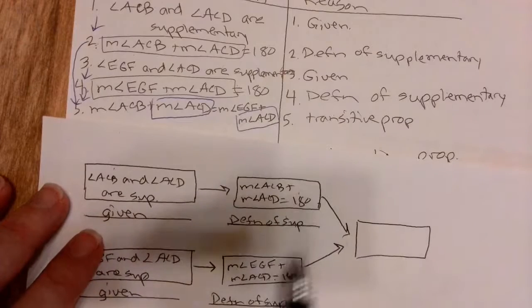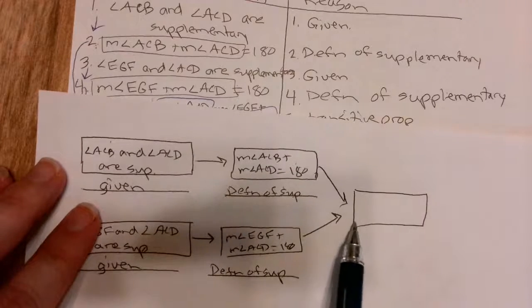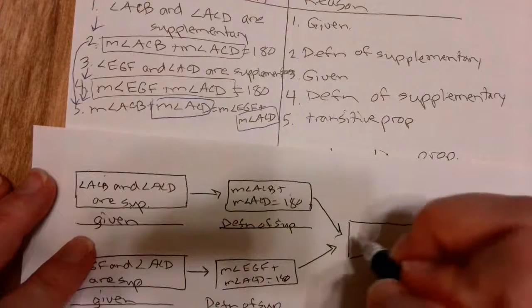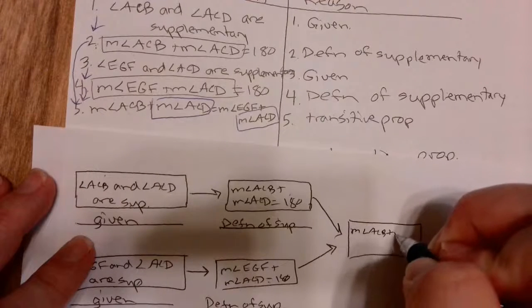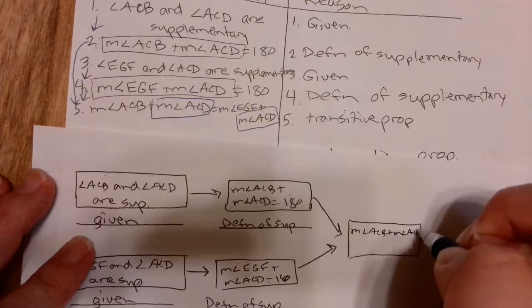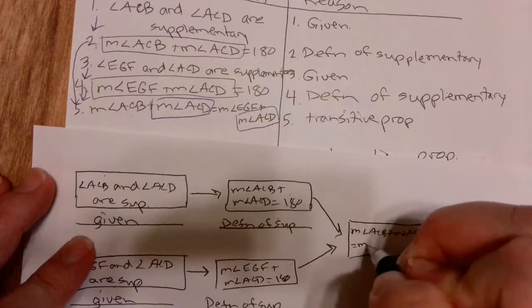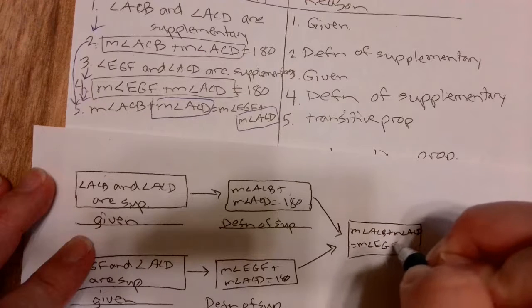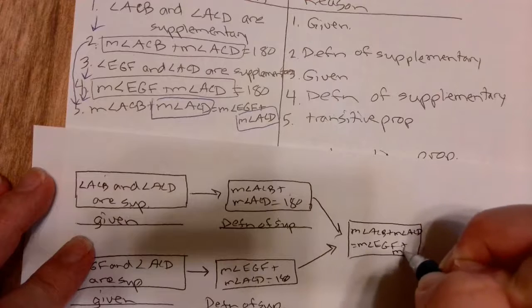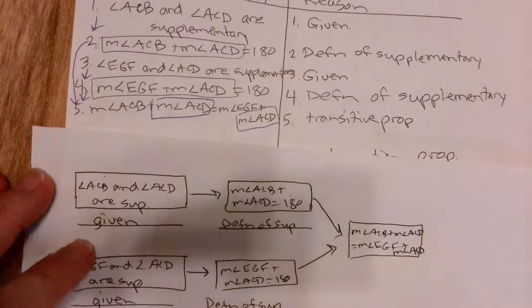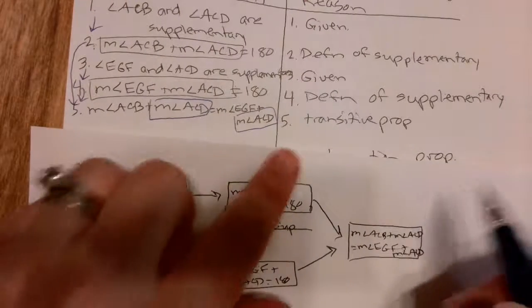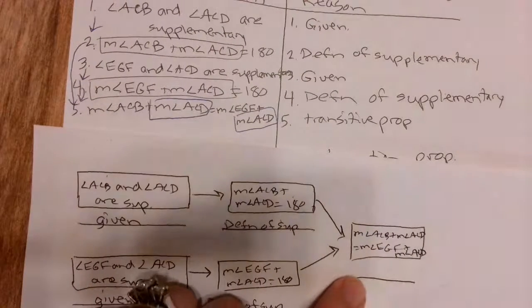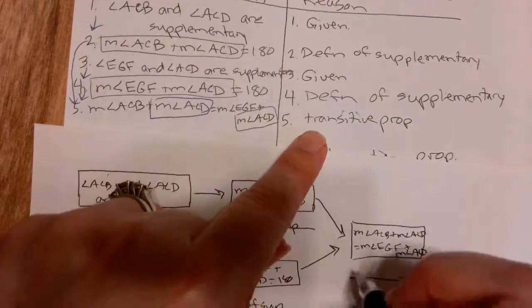Both of these were used to create line 5. Line 5, measure of angle ACB plus the measure of angle ACD is equal to the measure of angle EGF plus the measure of angle ACD. Please, please, please write as legibly as you can. Give yourself lots of room underneath it. The reason, transitive property.